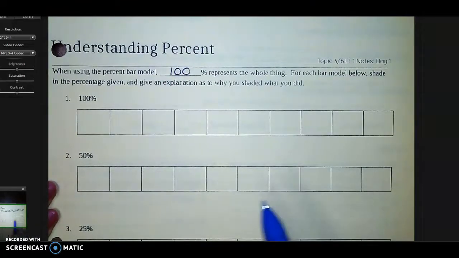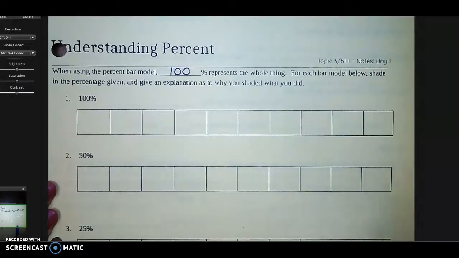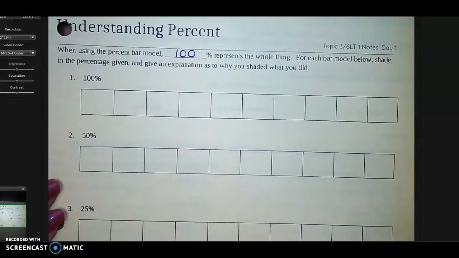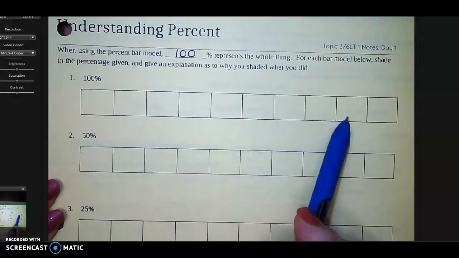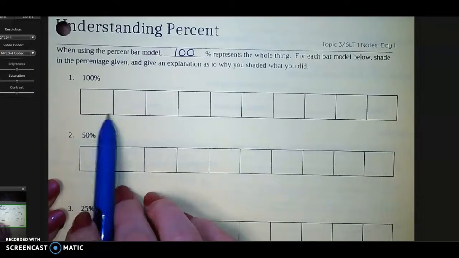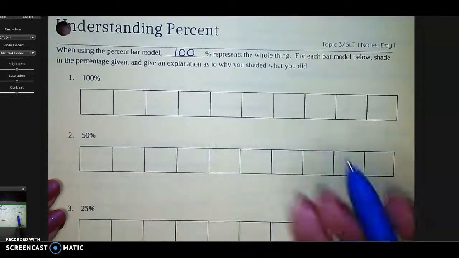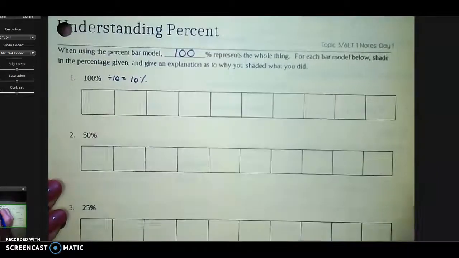And so for each one, we're going to shade in the percentage given and then give an explanation for what you did. So this first one, and you'll notice all of these are split up into 1, 2, 3, 4, 5, 6, 7, 8, 9, 10, because we work in base 10. So each one of these is worth 10% because 100 divided by 10 equals 10%.